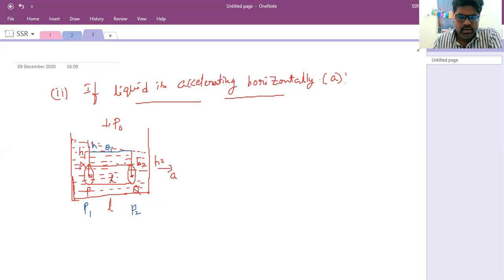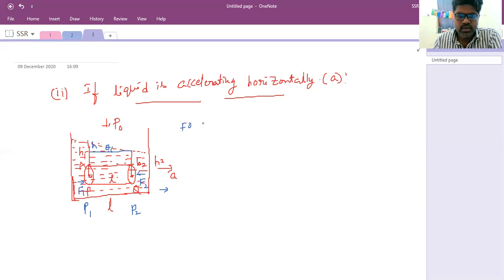First of all, the force acting at point P, because the liquid is moving towards the right. Here you can imagine at point P the force acting towards the right, let us say F1. Here, due to this liquid, the force acting is, let us say, F2. What is this F1 value?